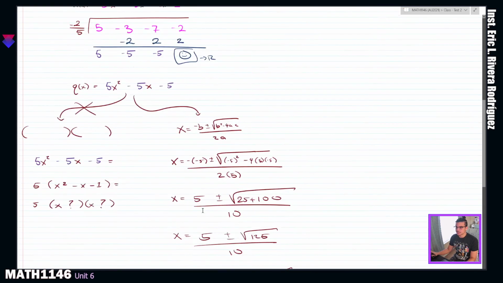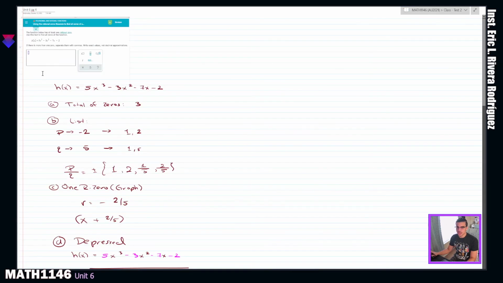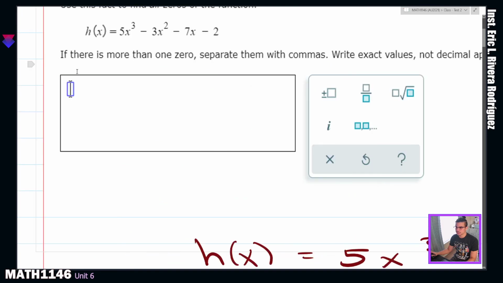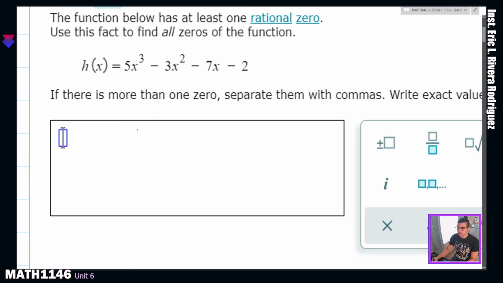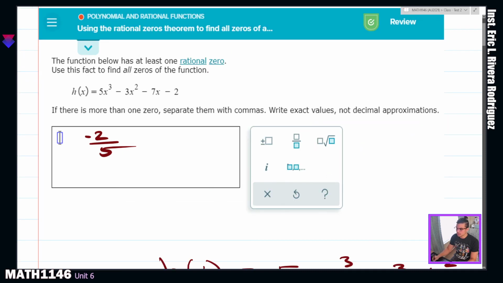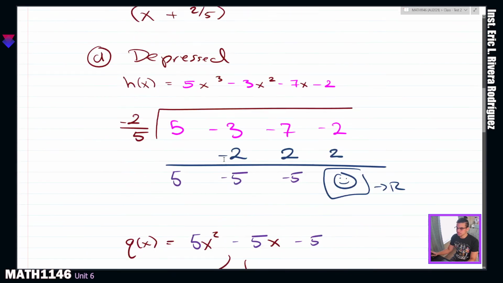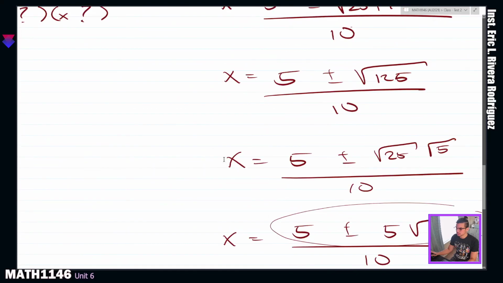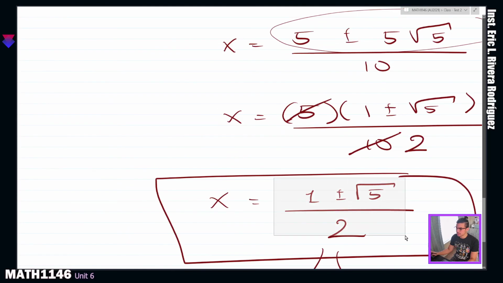So how are you going to put the numbers here? You're going to write negative 2 over 5 using this, and then you can use the plus and minus, if I'm not wrong. Then you can write this.